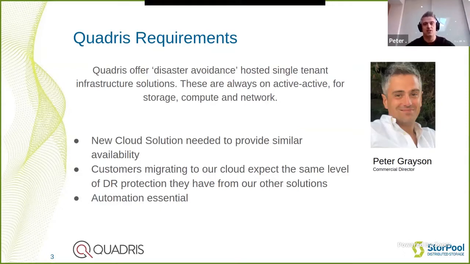These are hosted single tenant infrastructure solutions based on VMware, and they're active for storage, compute, network across 2 data center locations. They're primarily based on vSAN, or the enterprise version of vSAN, which is VxRail, and we've got a lot of enterprise customers on those platforms.